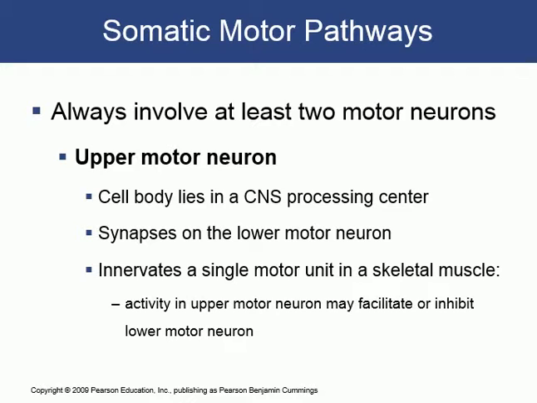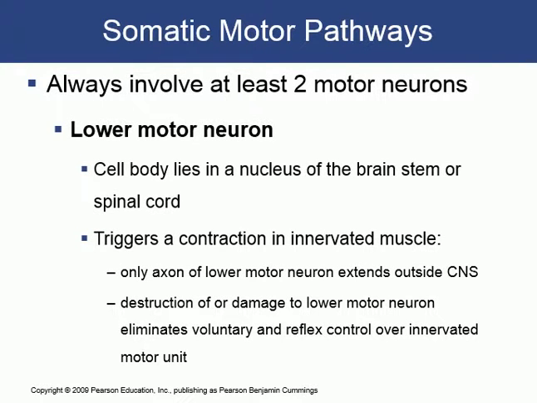The upper motor neuron is the first part up there, and that will start from centers in the CNS that will give the motor command, and of course it will be going down. And it will go to the motor neurons. The lower motor neuron will come from the brainstem or spinal cord and go down all the way to the organ.